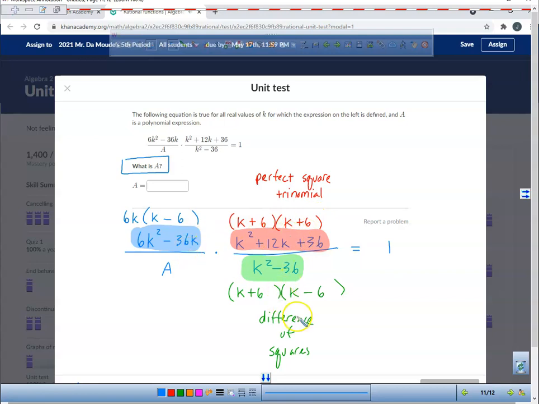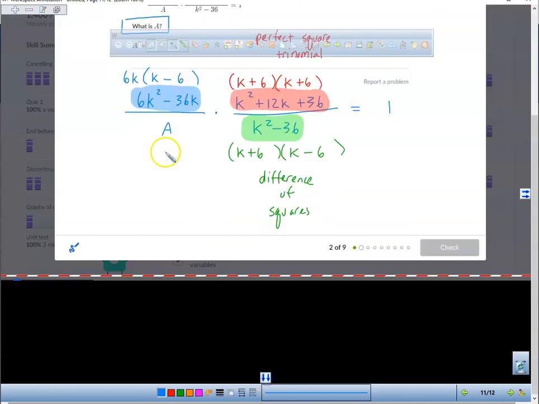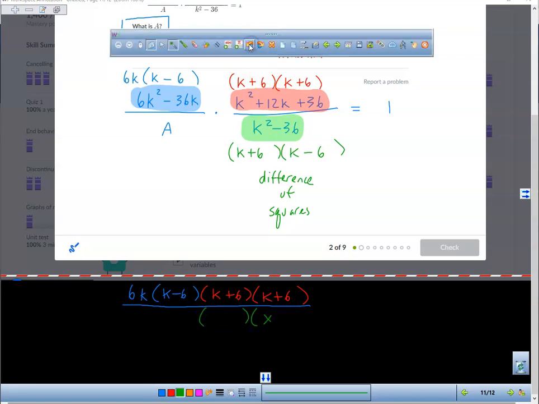So let's write down everything we have in the numerator: 6k, k minus 6, k plus 6, and another k plus 6, all over, we have a k, not an x, sorry, a k plus 6 and a k minus 6.